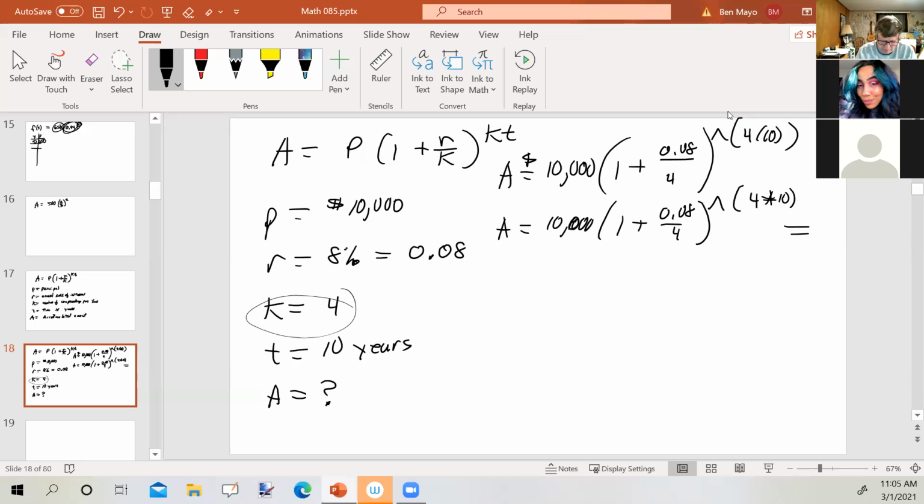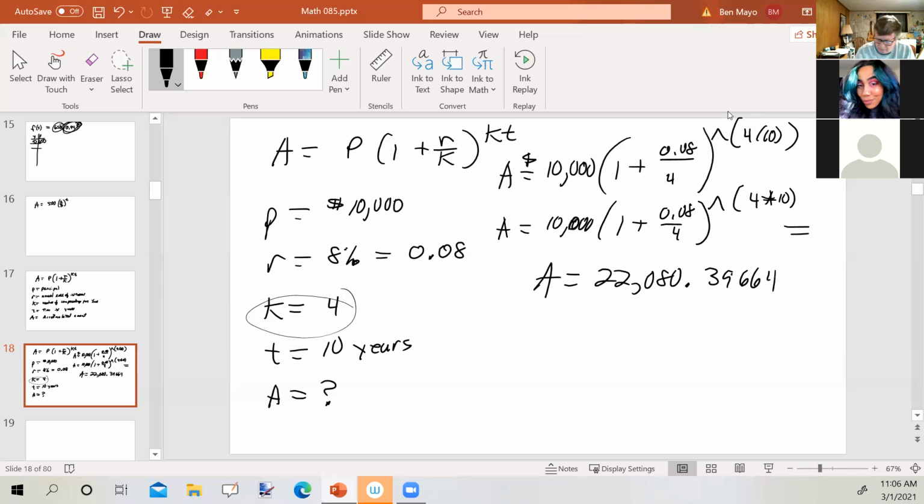Okay, now I'm going to do that. 10,000, parentheses, 1 plus 0.08 divided by 4, close parentheses, raised to the power, parentheses, 4 times 10. When I do that, I get 22,080.39664.